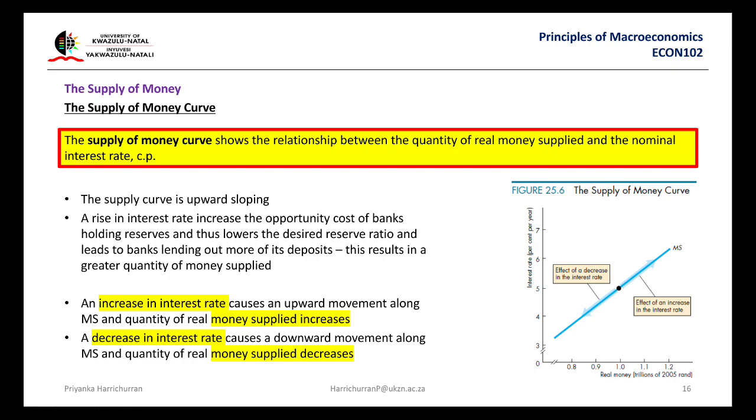So that's why as it goes up, see how it goes to the right also, so it increases. An increase in interest rate causes an upward slope. So any change in interest rate just moves from this dot to this dot to this dot. But if the actual supply increases or decreases, for example, if it increases, it'll go like this. If it decreases, it'll go like this.